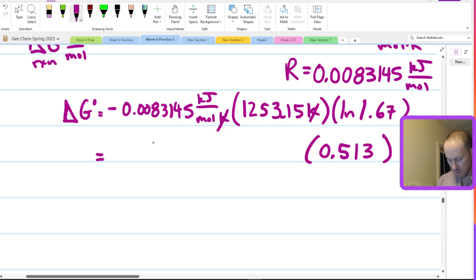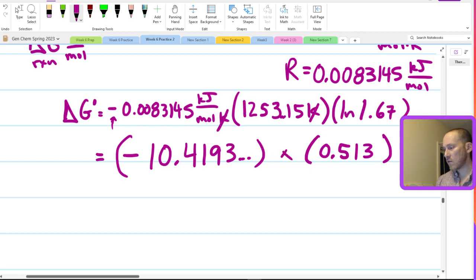And these first two terms, 0.0083145 times 1253.15, is 10.42. Negative. I always forget that. Not always, but frequently. So be careful about that. Negative 10.4193, etc.